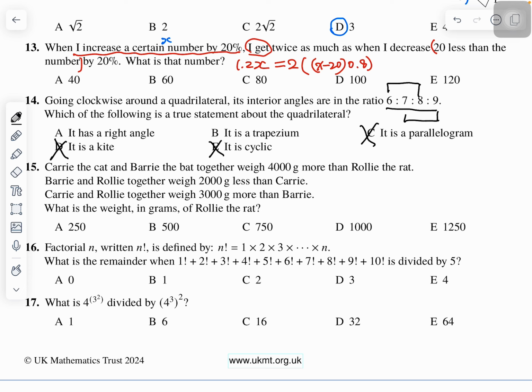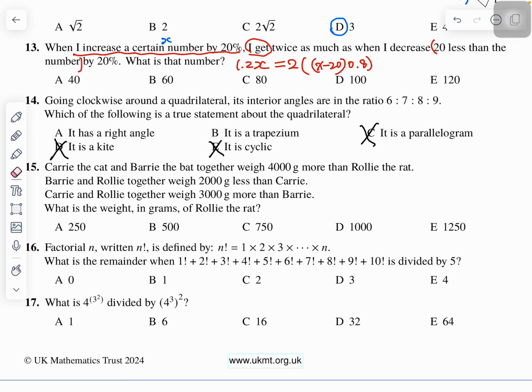And right angles, actually we need to know. Trapezium, we need to know. Here, for example, if we see these two adjacent angle pairs, this is 13 and this is 17. So this is not congruent, which is not 180.